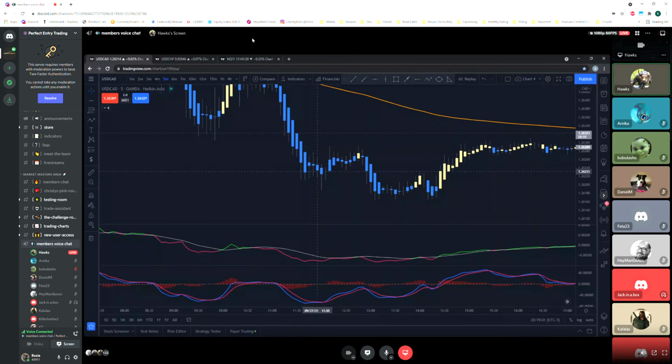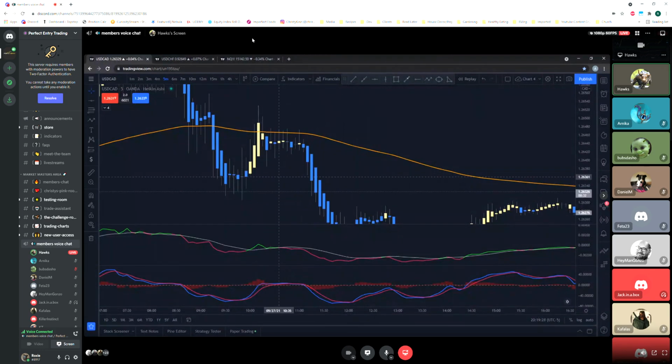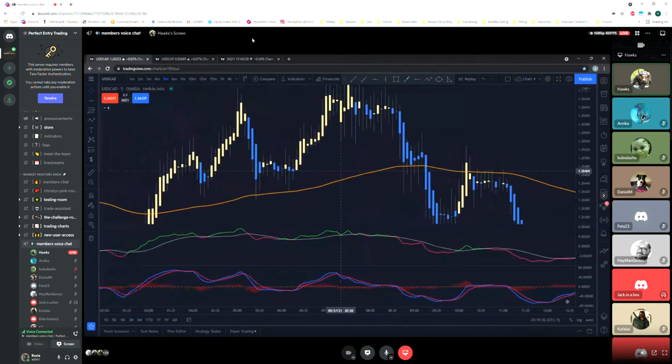These spinning tops or doji type candles are the more prominent candles of Heikin-Ashi. When you start seeing that, you have to think, is price going to reverse, or is it just a little pause in the market, like consolidation, and then it continues. It's the same thing on an uptrend.